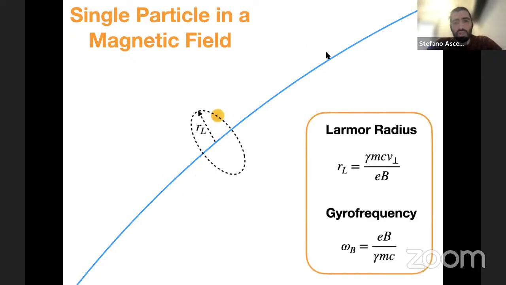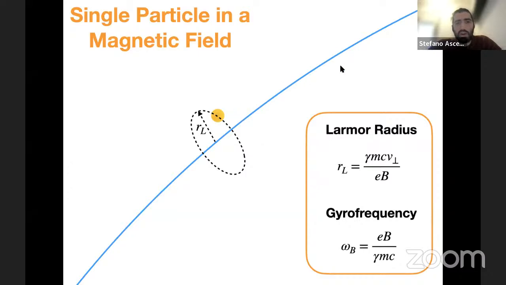So the motion is not perturbed, it is free, in the direction of the magnetic field line, but is strongly constrained in the direction orthogonal to the magnetic field line, on scales equal to the Larmor radius, which scales inversely with the magnetic field. And here we see what omega b actually is. Omega b is the gyrofrequency of electrons, which is a linear function of the magnetic field intensity.